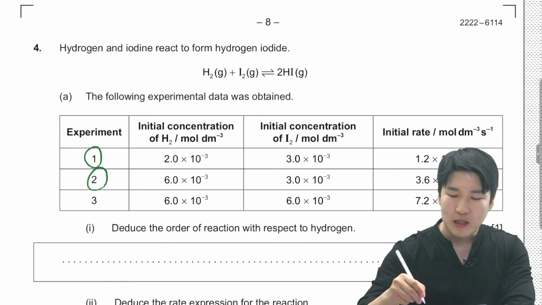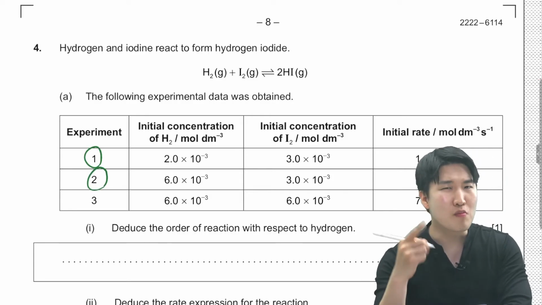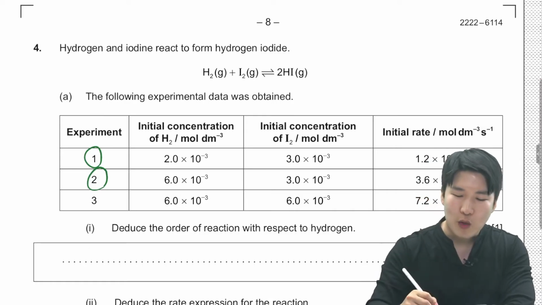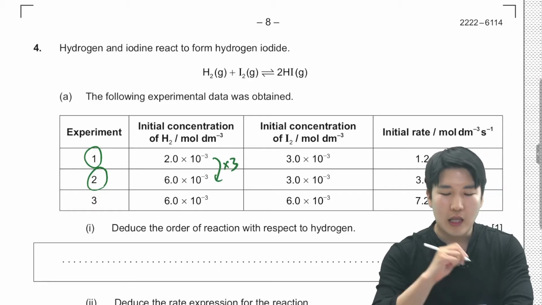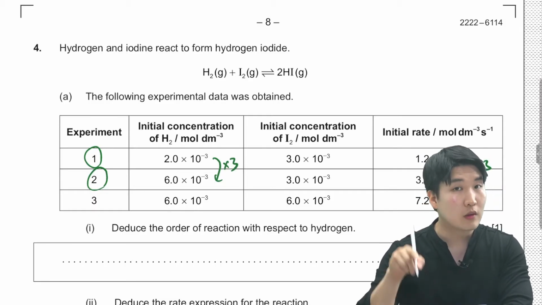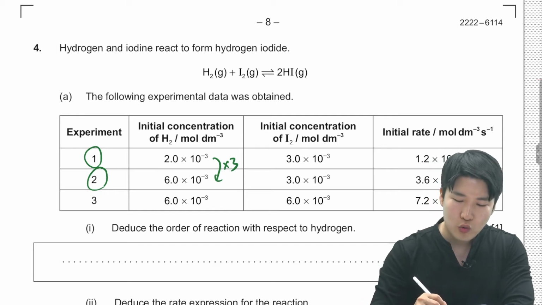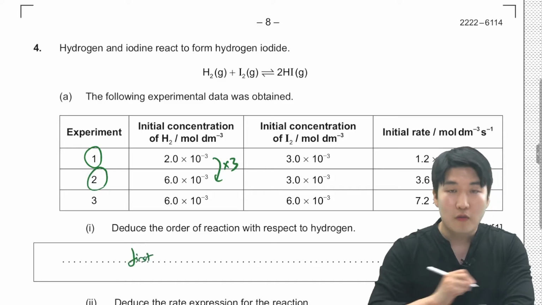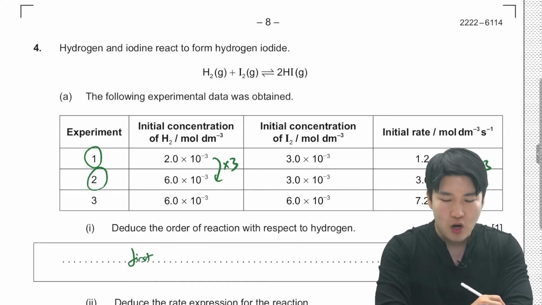Why? The initial concentration of iodine remains the same, so that we can compare how tripling the H2 concentration will also triple the initial rate, to infer that we have first order relationship with respect to hydrogen.